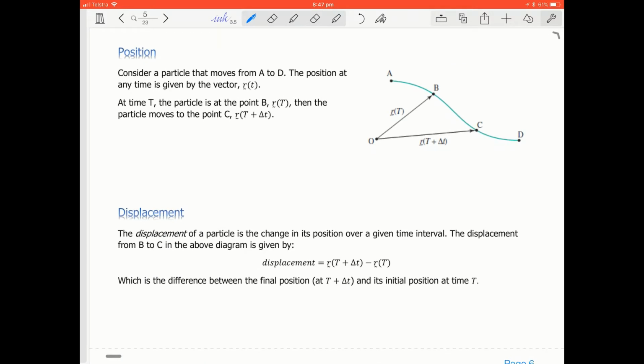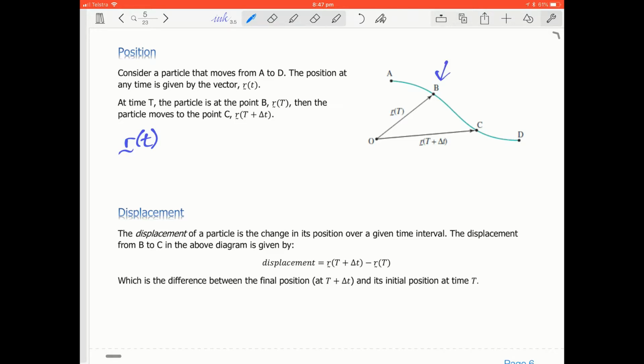Okay, if we're given a position vector, generally a position vector will be given to you as r of t. So consider a particle that moves along the line a to d. The position at any time is given by the vector r of t. At time t, the particle is at the point b, i.e. r of t. Then the particle moves to the point c, which is r of big T plus the change in time.